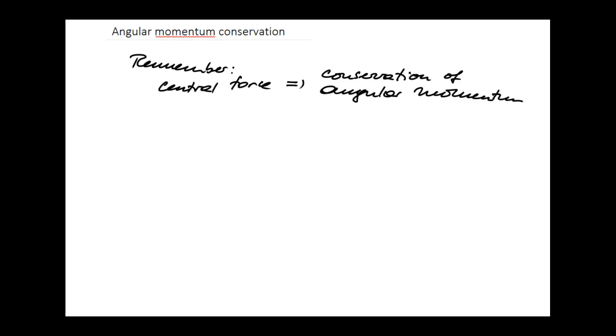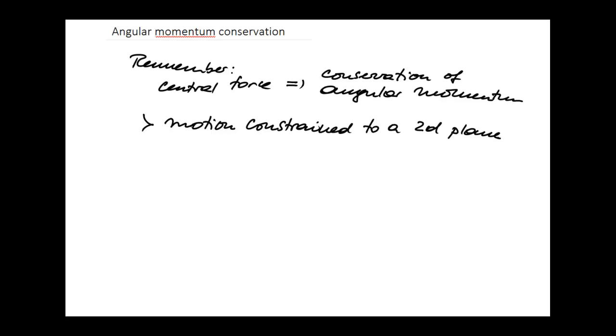They span a two-dimensional plane, and the body will never leave that two-dimensional plane. So that was the first consequence that we had discussed earlier, that the motion is constrained to a two-dimensional plane. And the second consequence was the area law, and we'll come back to that on the next page.